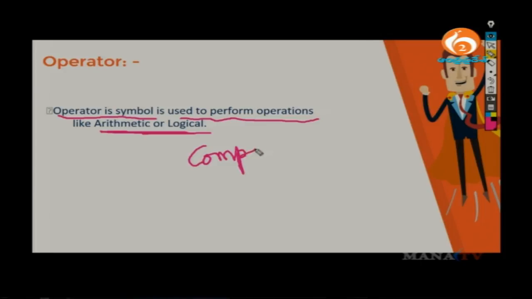Please remember this term, because whenever it performs any arithmetic operation or any logical operation, it is performed based on your compiler. Meaning what? If I write C is equals to A plus B, the programmers, the designers of this compiler, have already written a program for it.